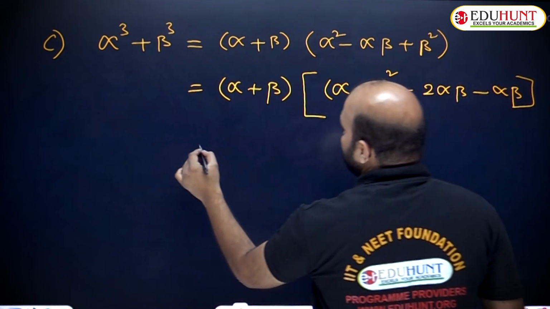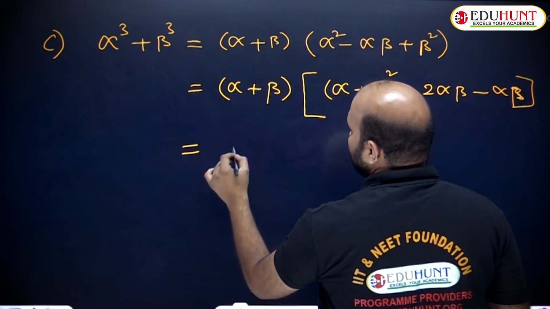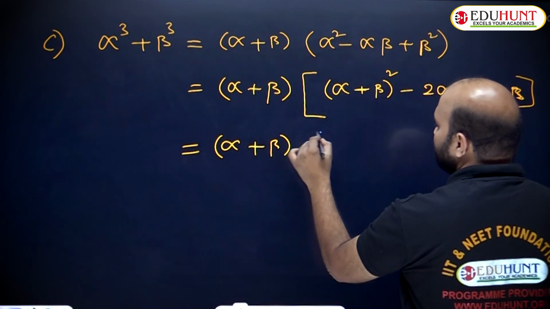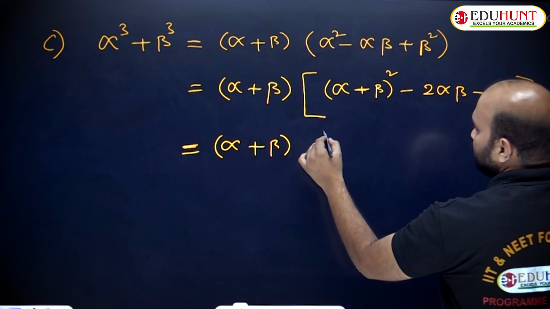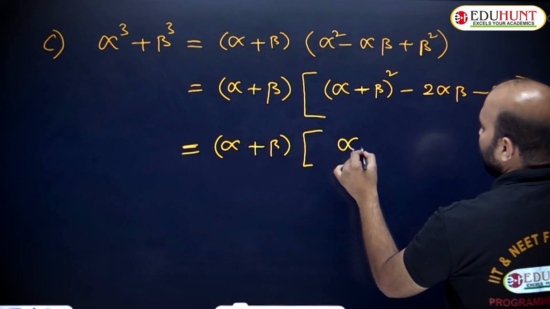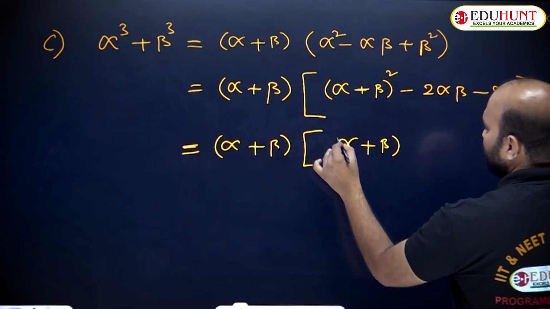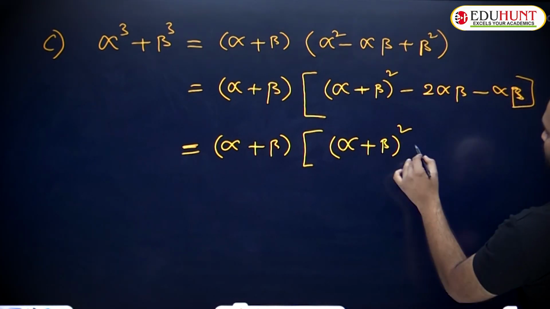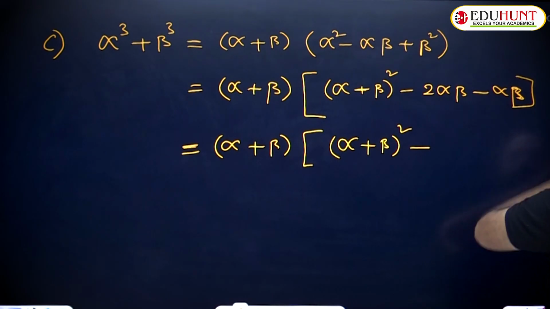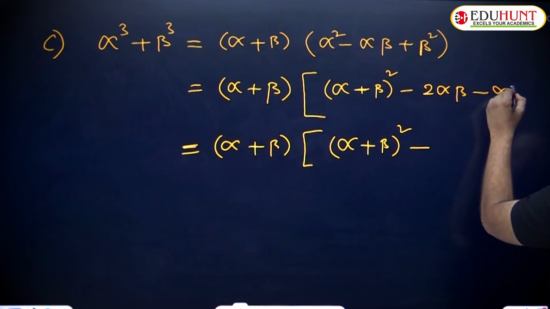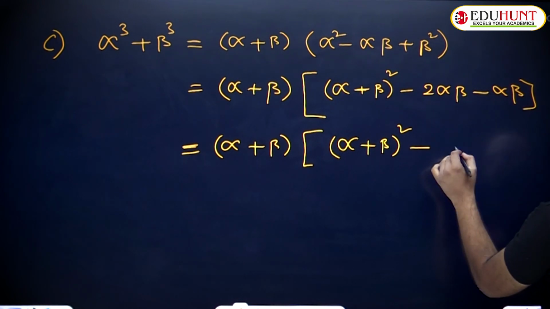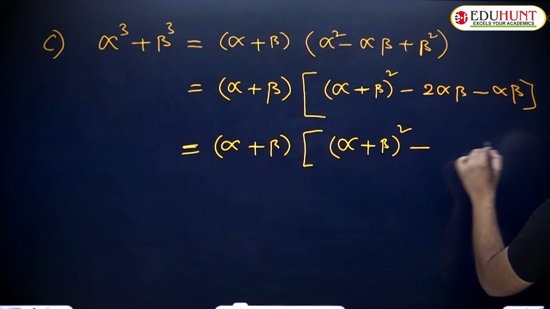Yes. So, also it can be written as alpha plus beta into alpha plus beta whole square minus 2 alpha beta minus alpha beta, minus 3 alpha beta.